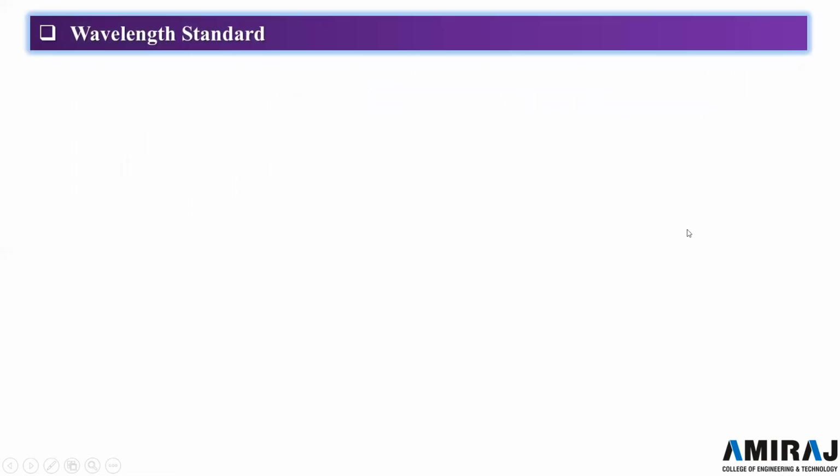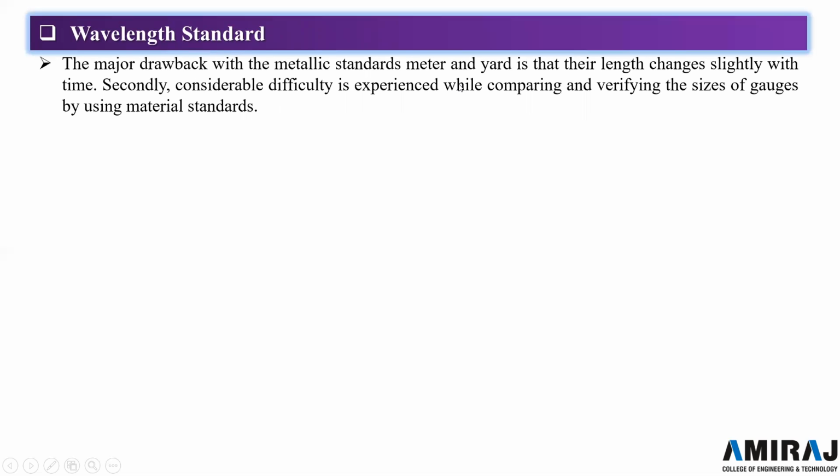The next standard which came later on is the wavelength standard. The major drawback with metallic or material standards like the meter and yard is that their length changes slightly with time. Secondly, considerable difficulty is experienced while comparing and verifying the size of gauges using material standards.